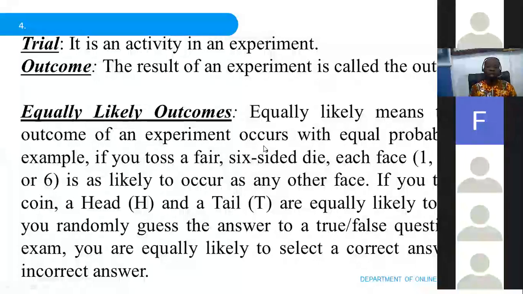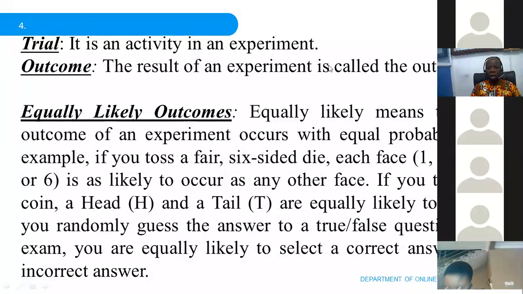This time, meaning that you are giving each of your outcomes equal chances of occurring, which means you are not going to prevent anybody. You give them equal chances, it should be on a level ground so that everybody who is capable of winning should win. If you lose, you lose. Then we say that it is equally likely outcome.